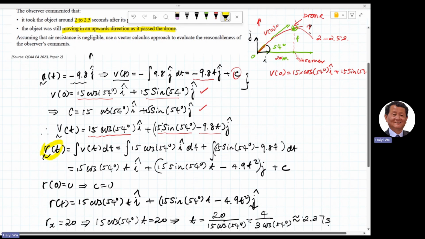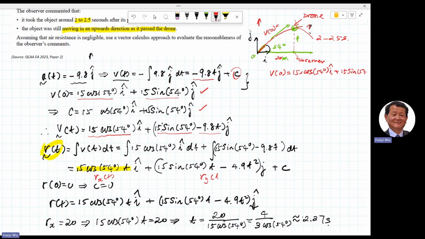Now we're going to find the displacement or position vector r. Let's integrate v(t), integrating the two components individually. The x component is vx, so this is rx, and that's ry.